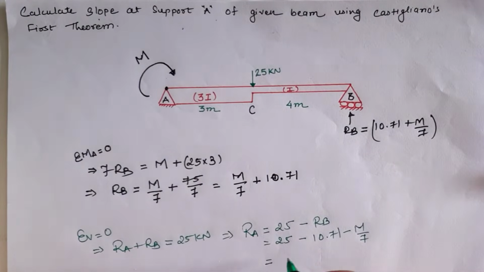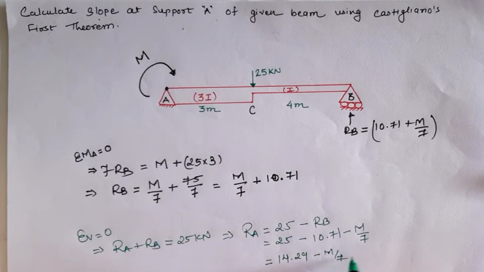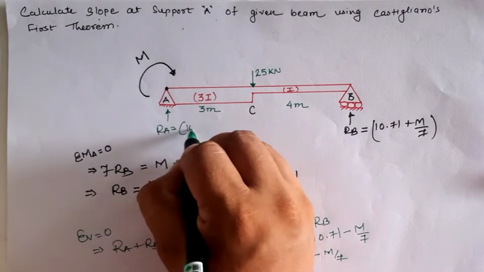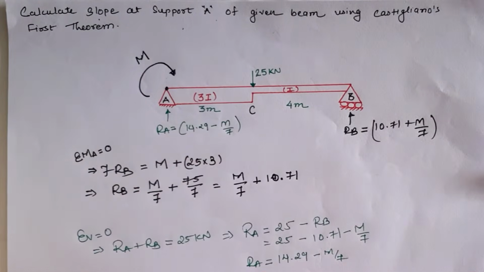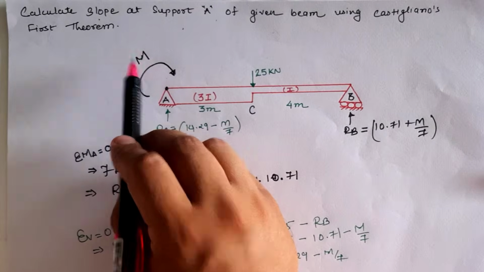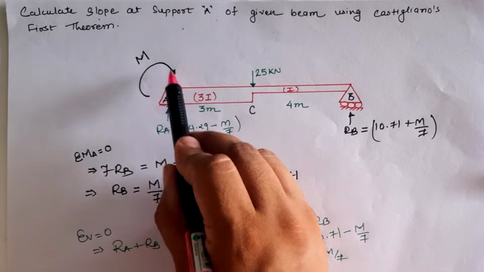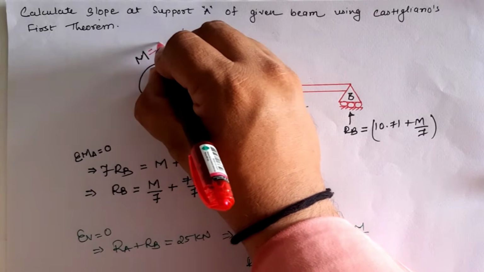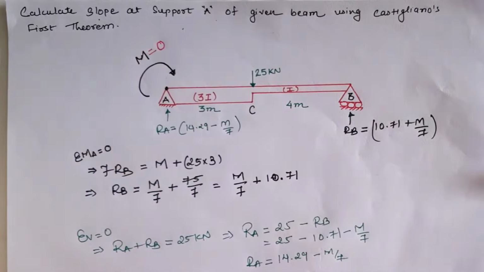Hence the value is 14.29 minus M by 7 as RA. Now we have assumed the arbitrary moment M at location A, and there isn't any external moment, hence our arbitrary moment value is 0.